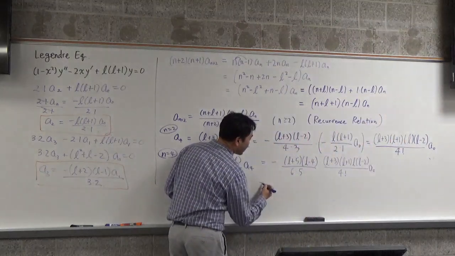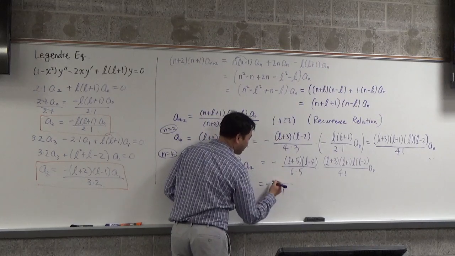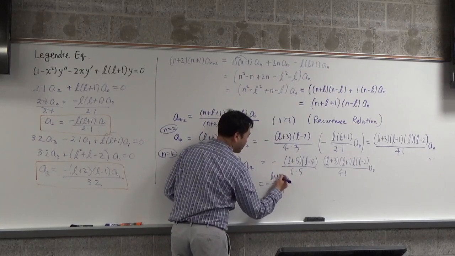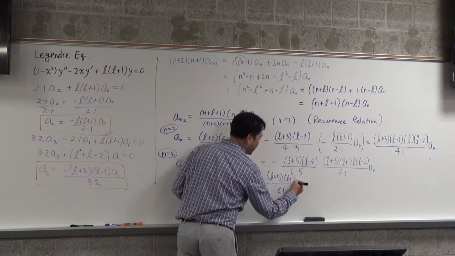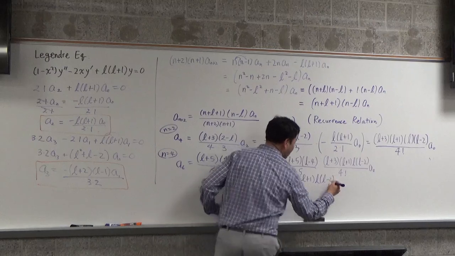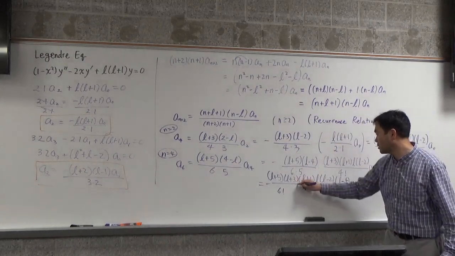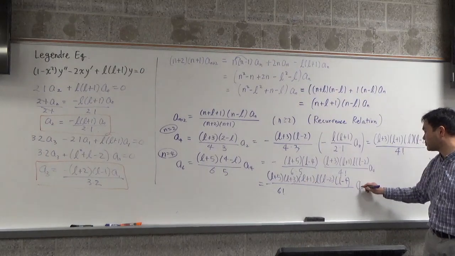Okay, so you have negative 6 factorial on the bottom. You have L plus 5, L plus 3, L plus 1, L minus 2, L minus 4 times A0.